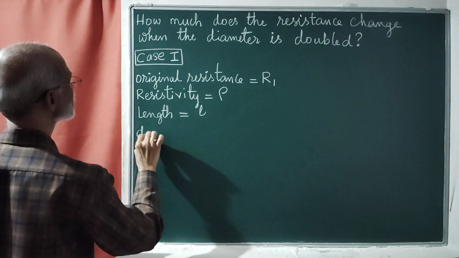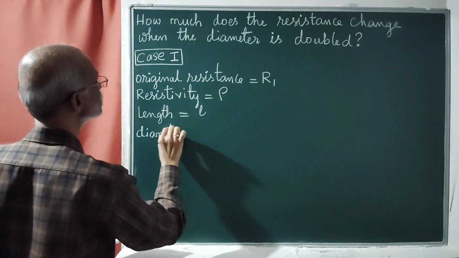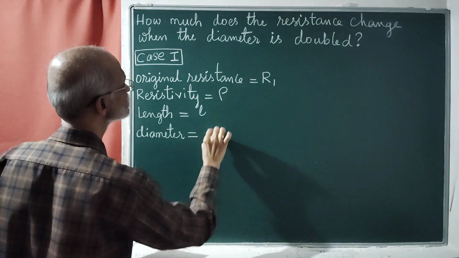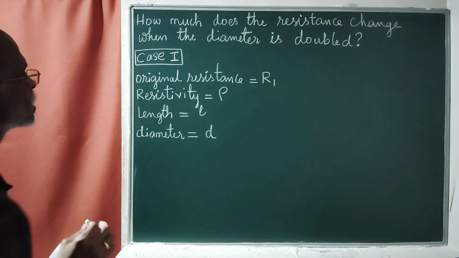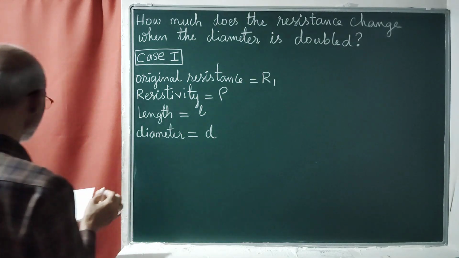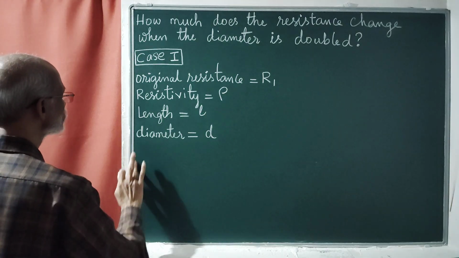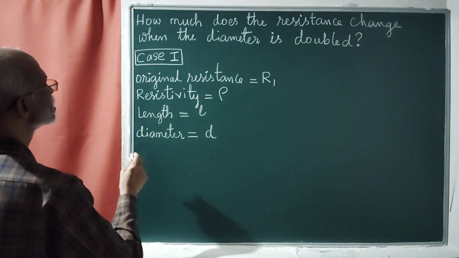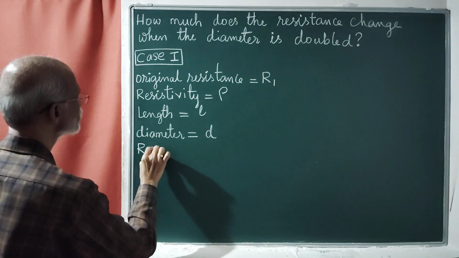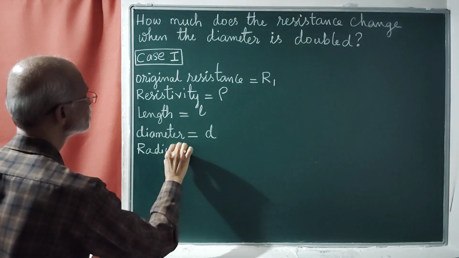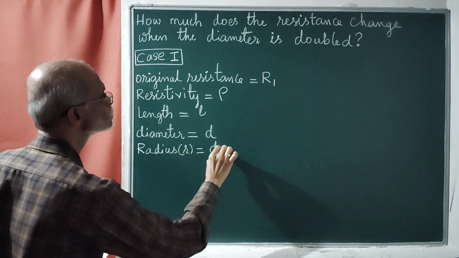Now the diameter of the wire is equal to D. Now we will calculate the area of cross section. So when the diameter is D, radius will be equal to D by 2.